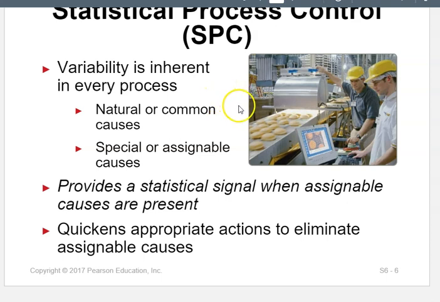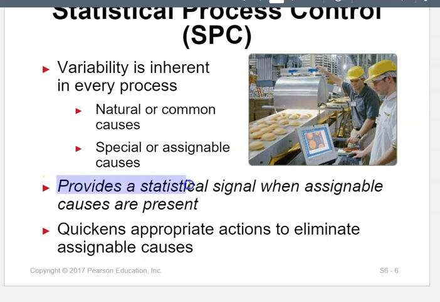Variability is inherent in every process, and that's something that's out of our control. Natural or common causes are available and bring this variability. Special or assignable causes are also available. So we always need to be aware of causes of variability, because if anything goes out of control, if any failure happens, we can always look at those causes and immediately know where to go and where to fix the problem.